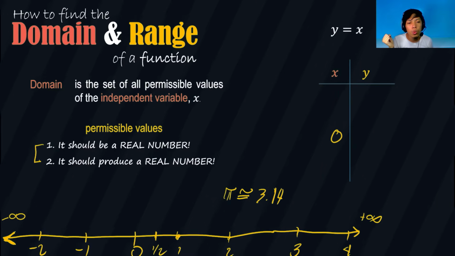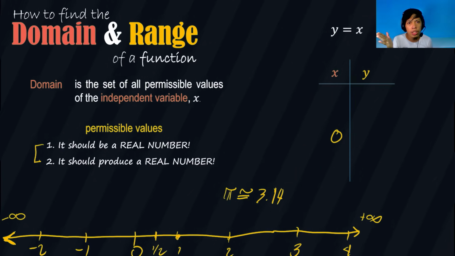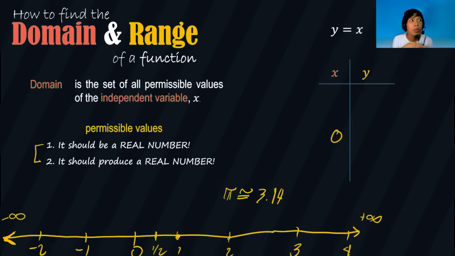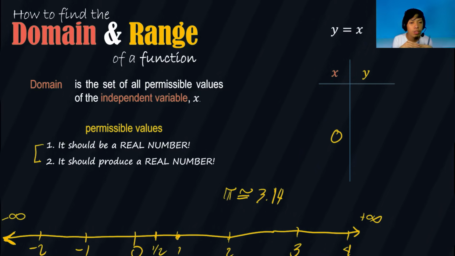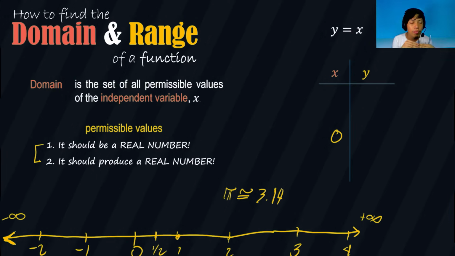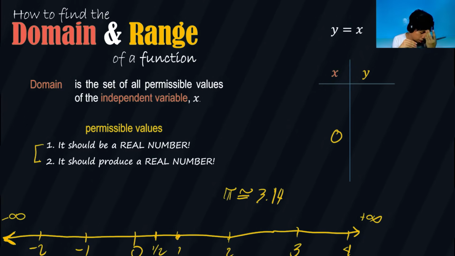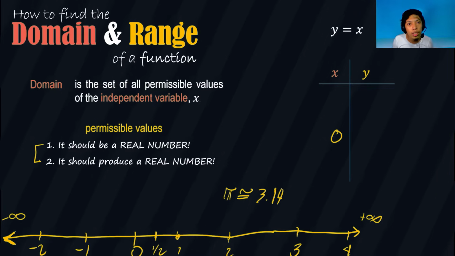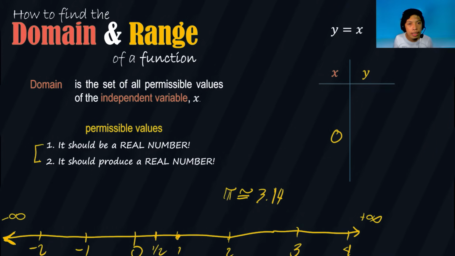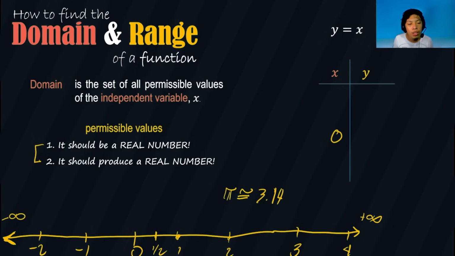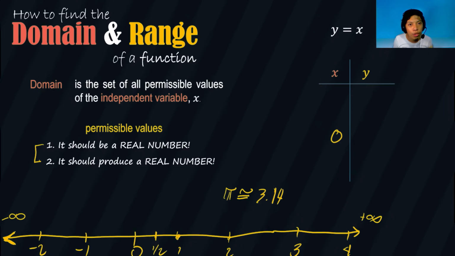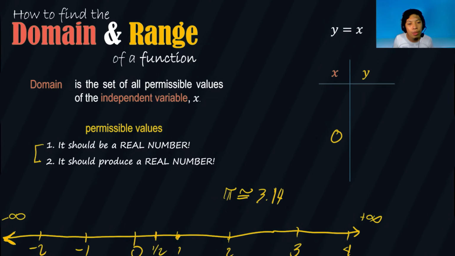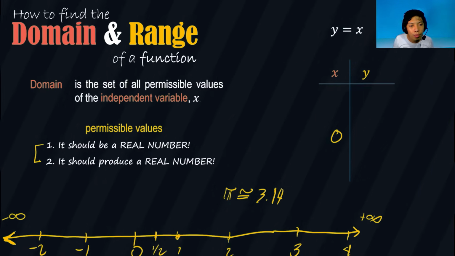Although pi is an irrational number, a non-terminating decimal, it's still a real number because although you cannot pinpoint exactly where pi lies, you can locate it.